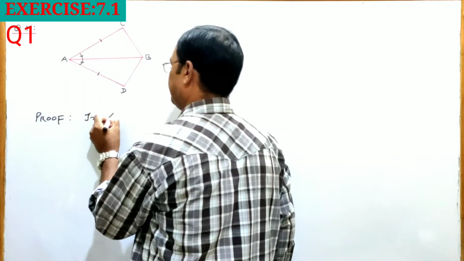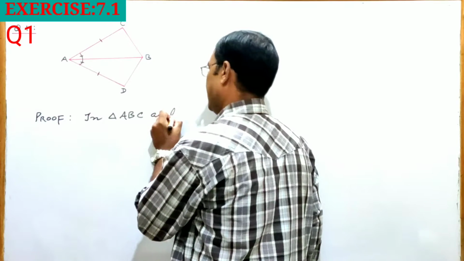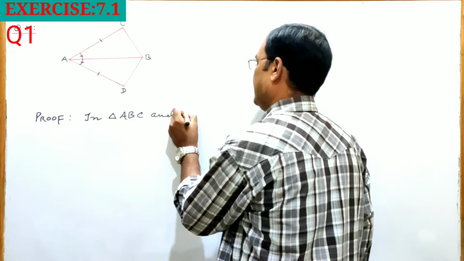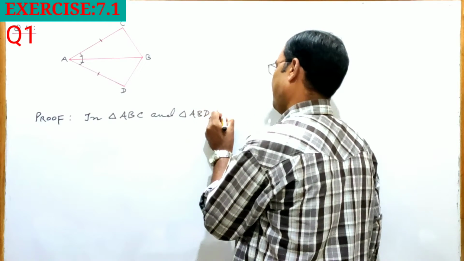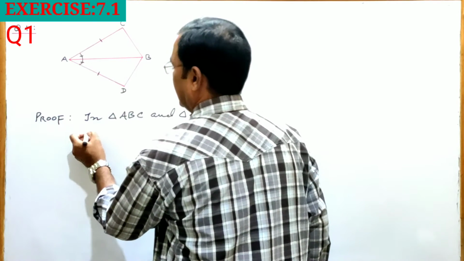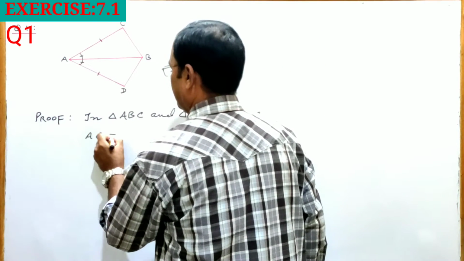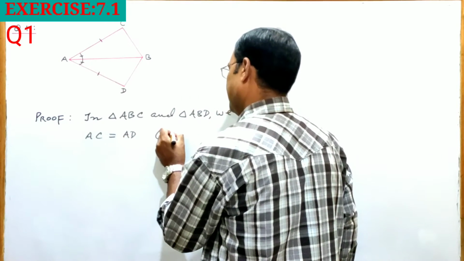In triangle ABC and triangle ABD, we have AC is equal to AD. It is given.